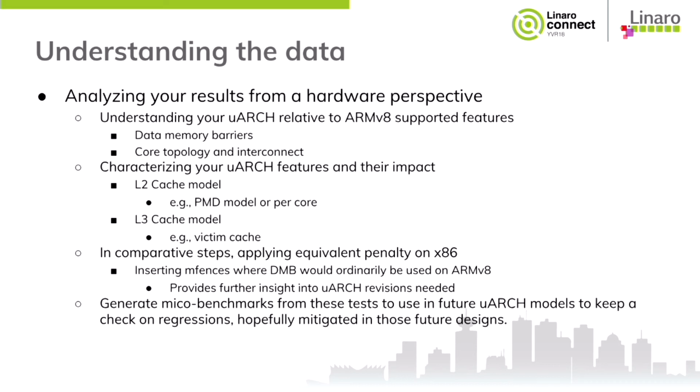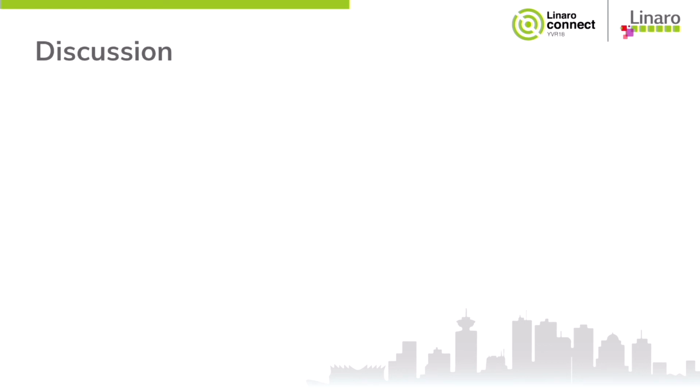And you might see the same reduction in performance, right? You might see some comparative changes. Again, all of it is trying to give you insight into how well I'm doing with this application versus the competition. And then generate the micro benchmarks from these tests for use in your future microarchitecture models, to keep a check on regressions and hopefully mitigate them in those future designs.